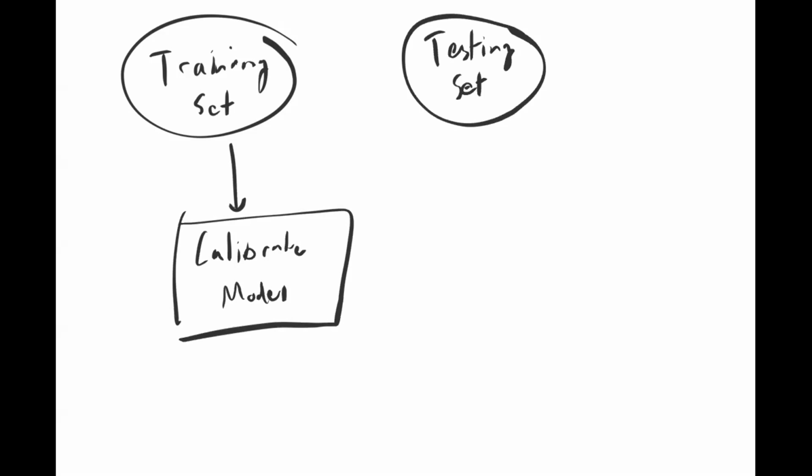So the training set are the black points, the testing set are the blue points, and when you calibrate your betas or you calibrate your model in any way, and you estimate the coefficients, you are not using any of the blue points, you're only using the black points. So the testing set is the thing that helps to diagnose the model.